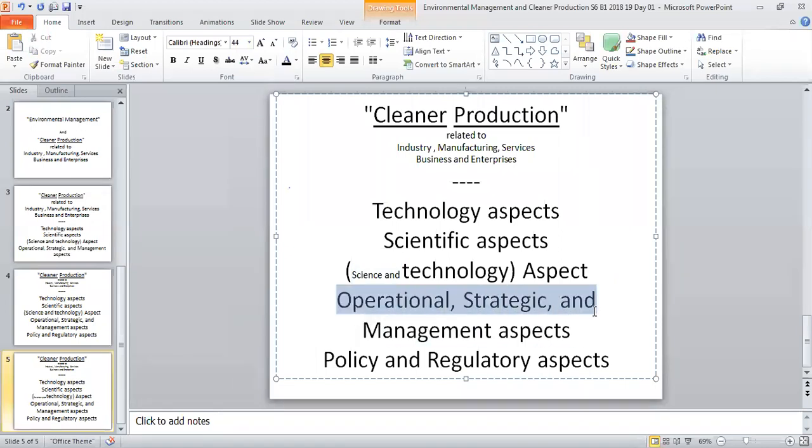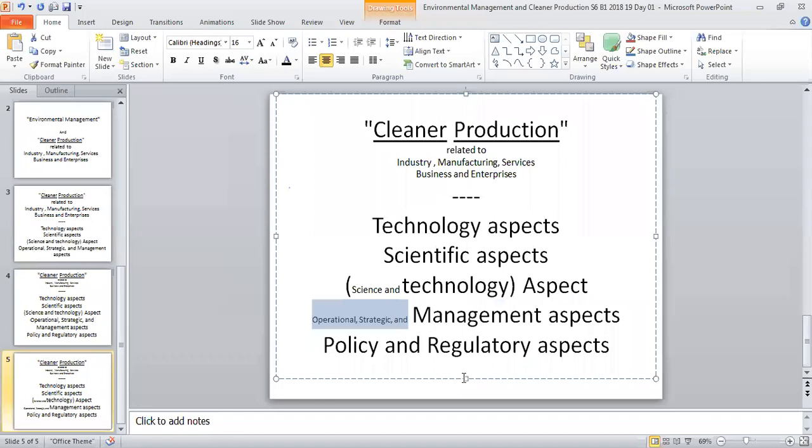Operational, strategic, and management, I will simplify as management. Even policy and regulatory aspects, these I will also put under management.